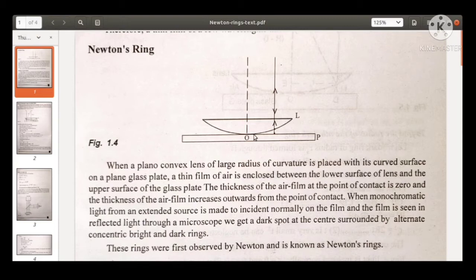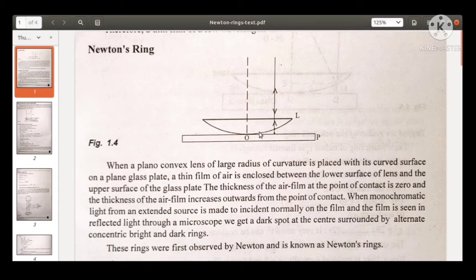That is, for this point the thickness is 0, and consider this point, where the thickness is say T. Correspondingly, at the same distance from this point O, the thickness will be T, and if you are viewing from the upper side, this will be like a circle.